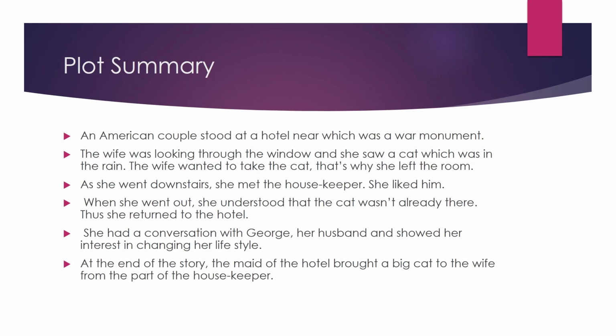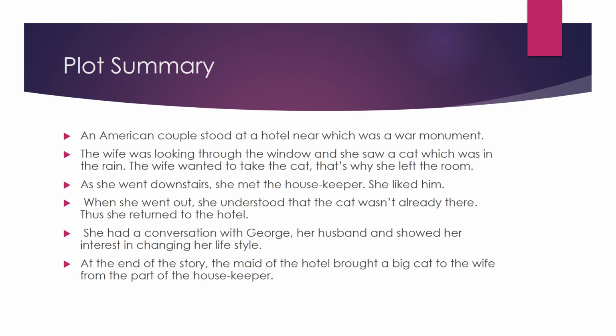Let's see what happens in general in the short story. This is the plot summary. An American couple stayed at a hotel near which was a war monument. The wife was looking through the window, and she saw a cat in the rain. The wife wanted to take the cat, that's why she left the room.